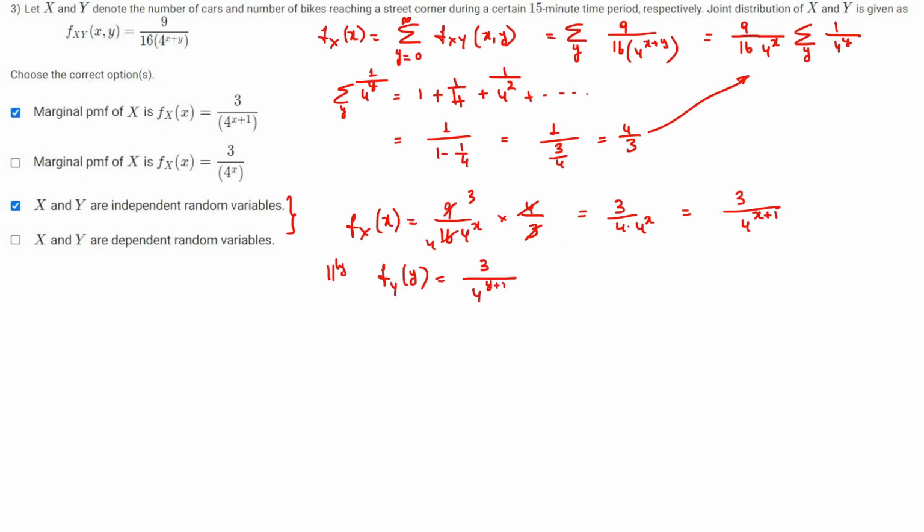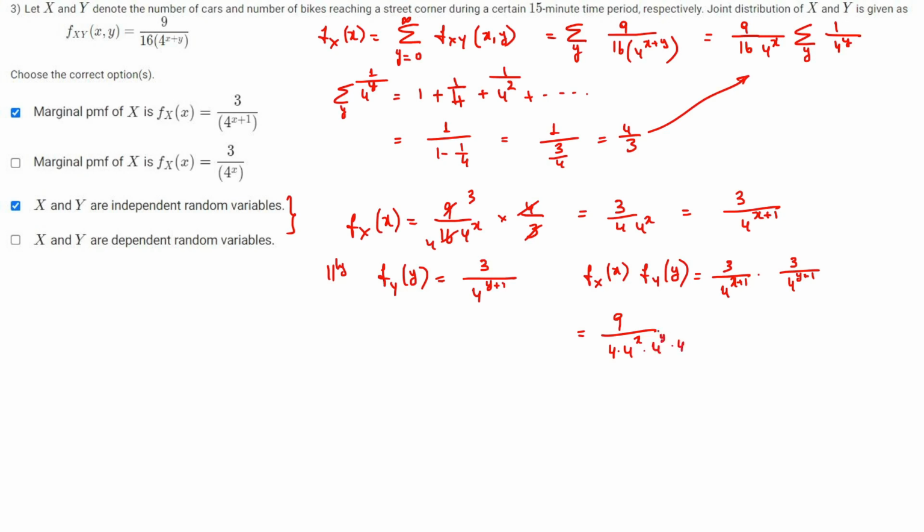I'll just multiply these two, which is fx of x into fy of y, which is nothing but 3 divided by 4 to the power of x plus 1 into 3 divided by 4 to the power of y plus 1. So which is nothing but 3 into 3 is 9, and now we have 4 into 4 to the power of x into 4 into 4 to the power of y.